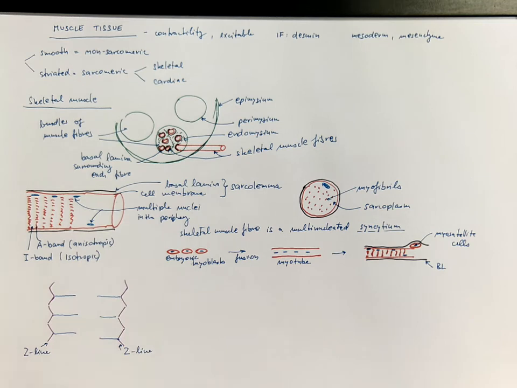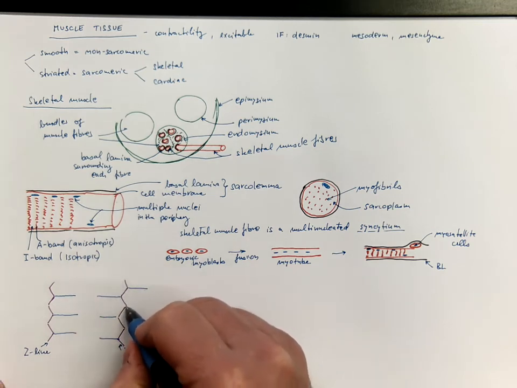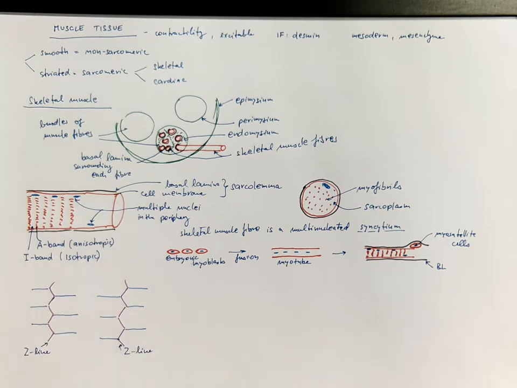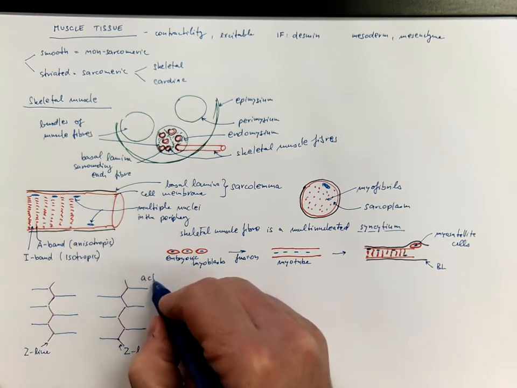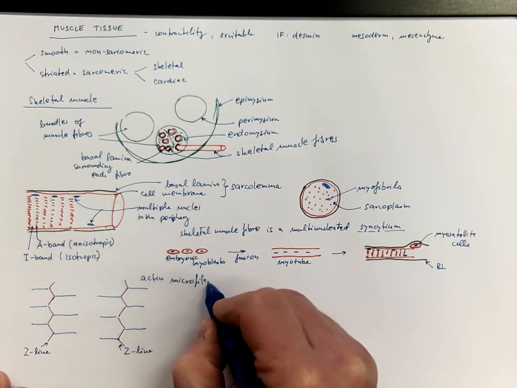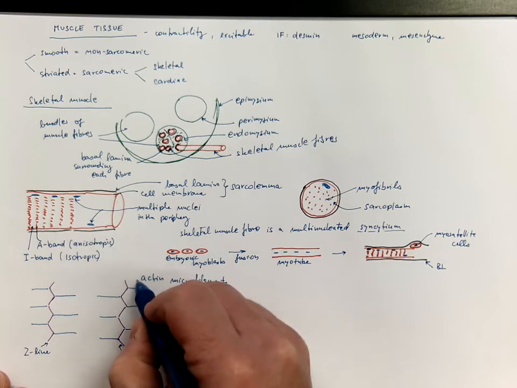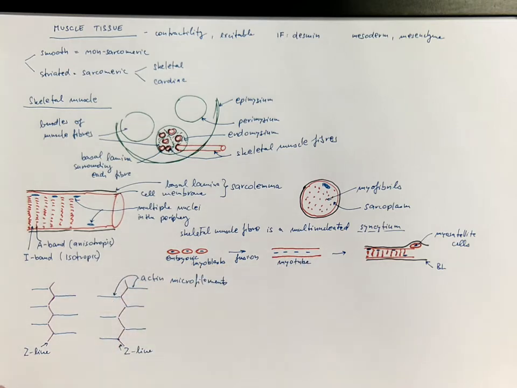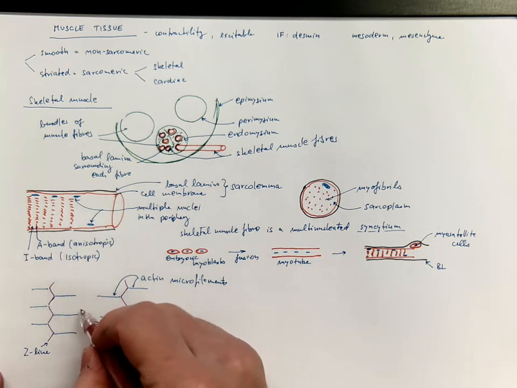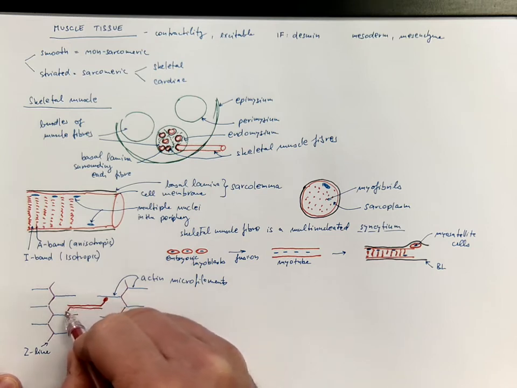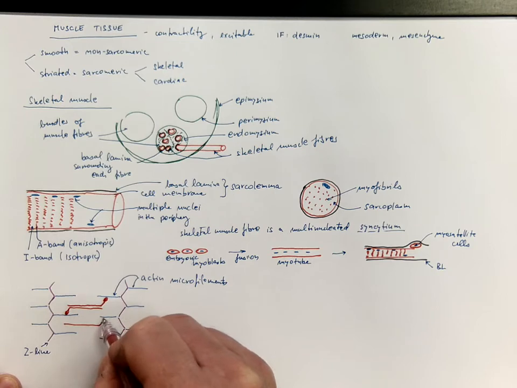Well, on both sides of these Z lines, of course. There are also thicker myosin filaments with their heads interacting with actin, binding to actin.